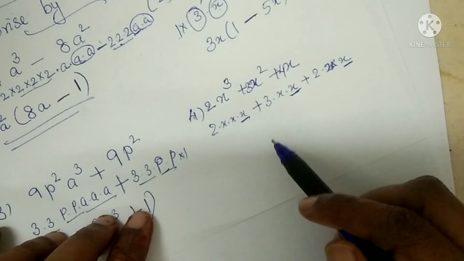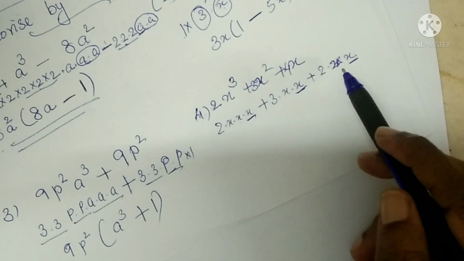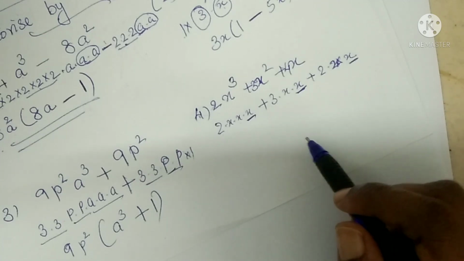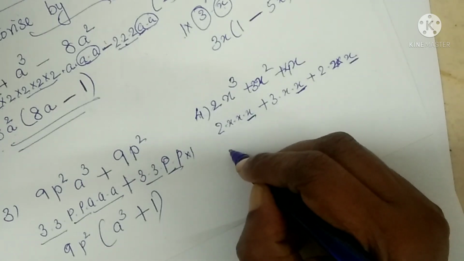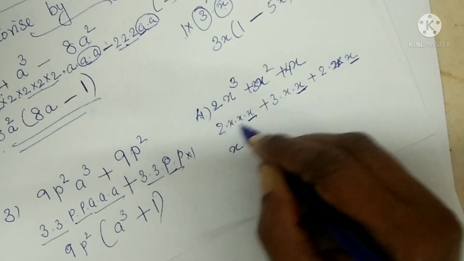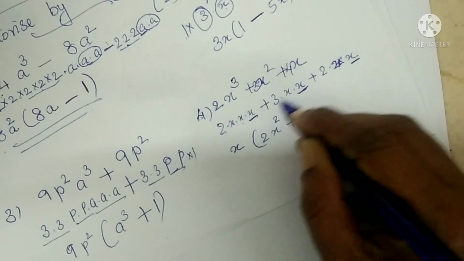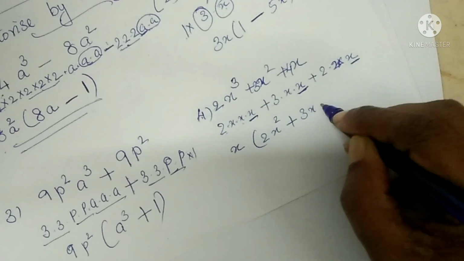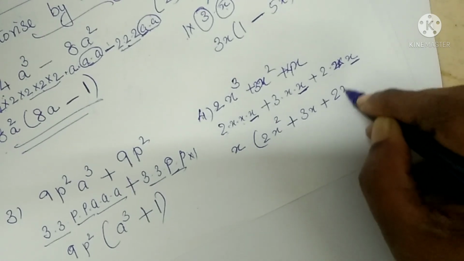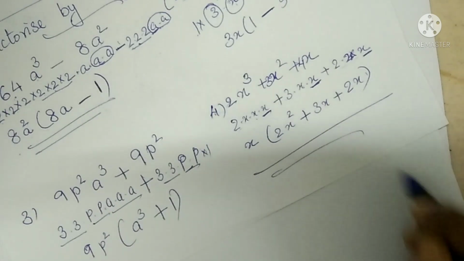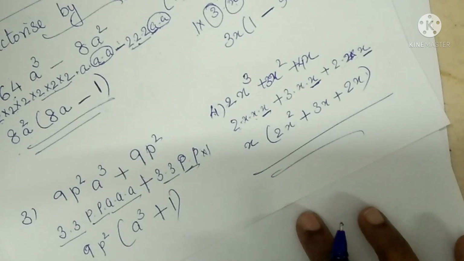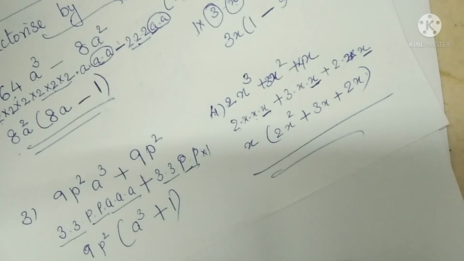Whatever factor we are taking as common should be there in all the terms. That is what we have to take care. So here we take x out. What is remaining? 2x square plus 3x plus 2x. So these are the factors. This is how we take the common factor out and factorize.